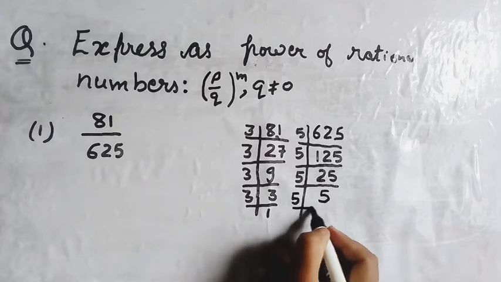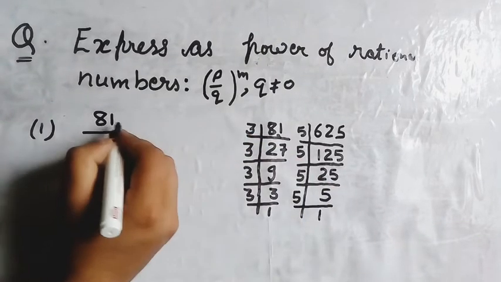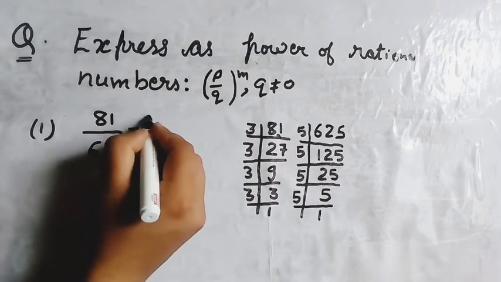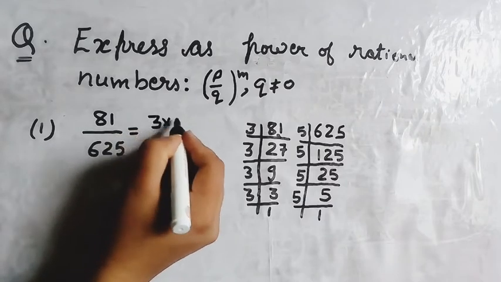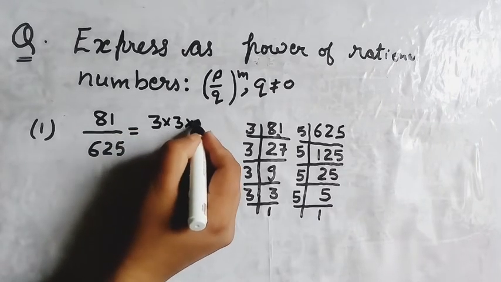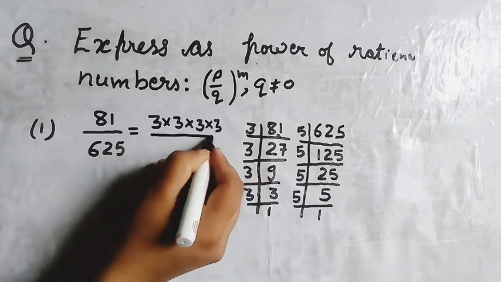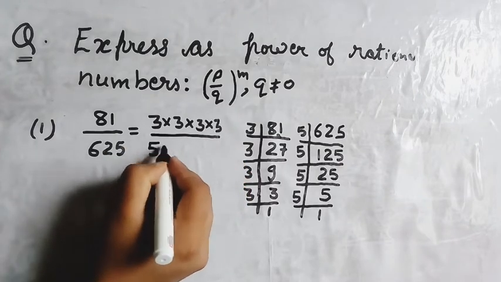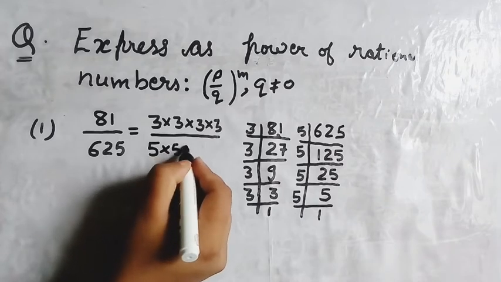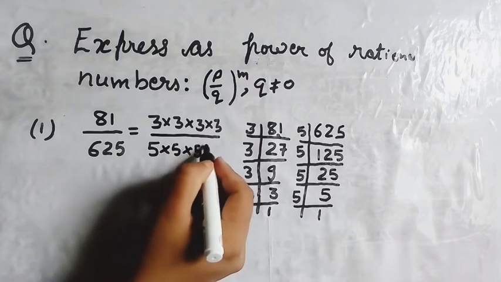And by 5 again, 5 ones are 5. So the factors of 81 are 3 multiplied by 3 multiplied by 3 multiplied by 3, means we have 4 times 3. And factors of 625 are 4 times 5.